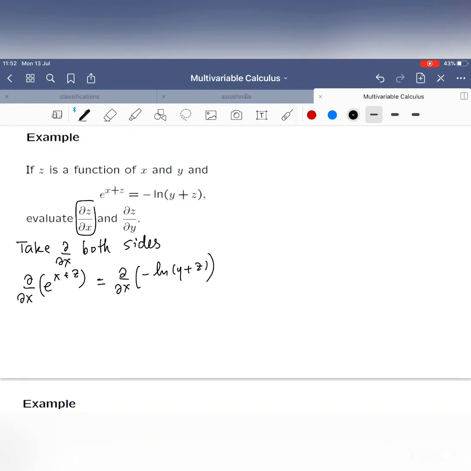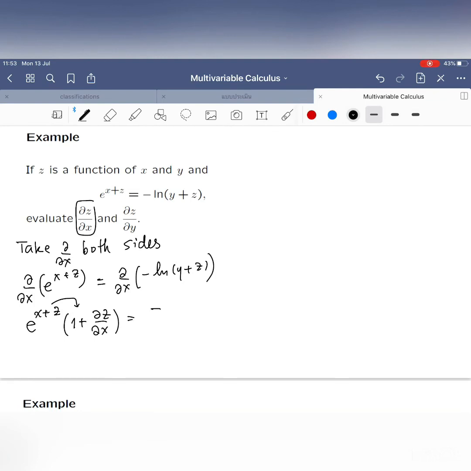And we simply use the chain rule. The derivative of e to the something is just e to that, but then the derivative of the exponent with respect to x, so you got dz by dx, because we don't know what z is.